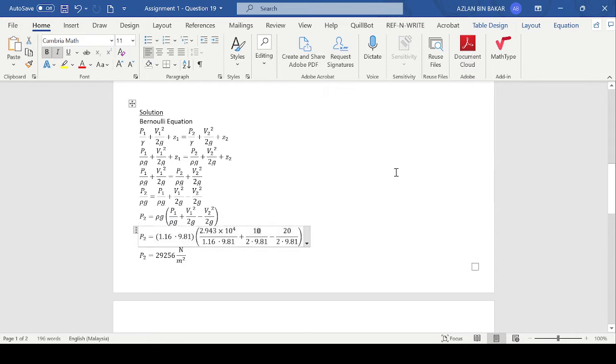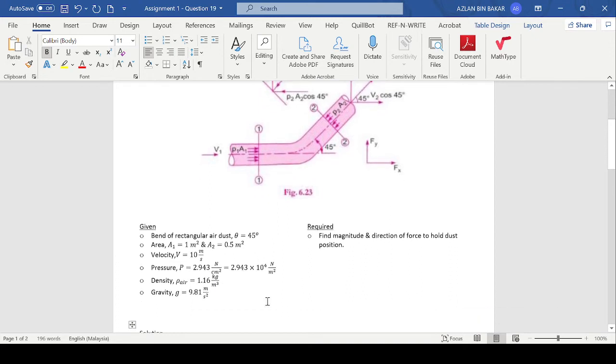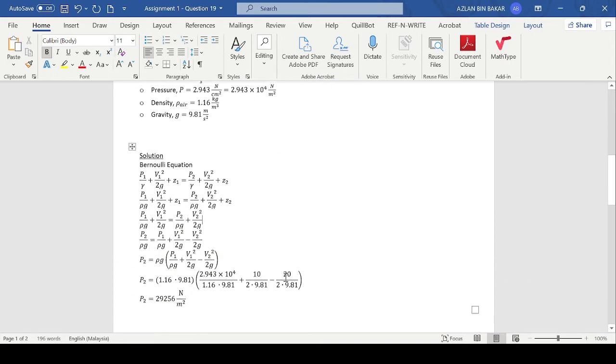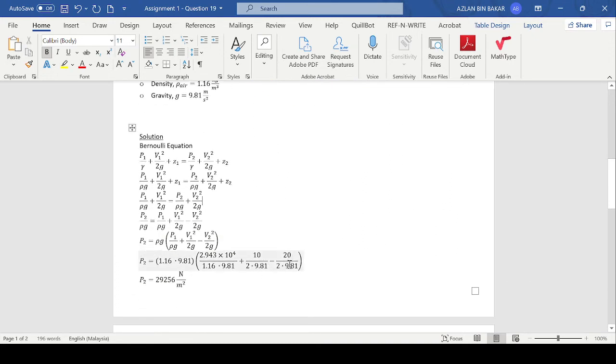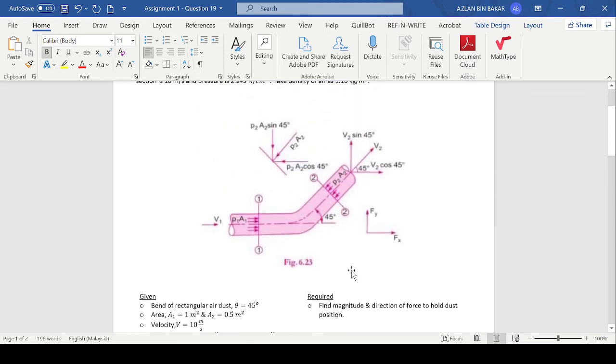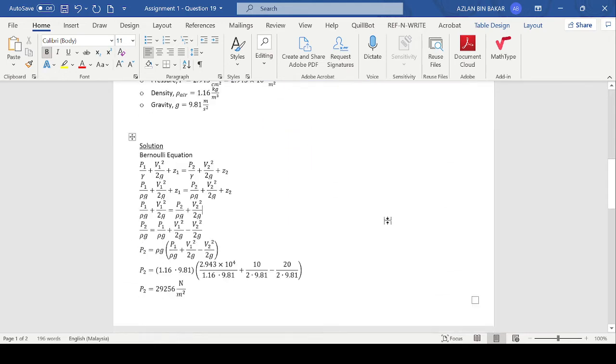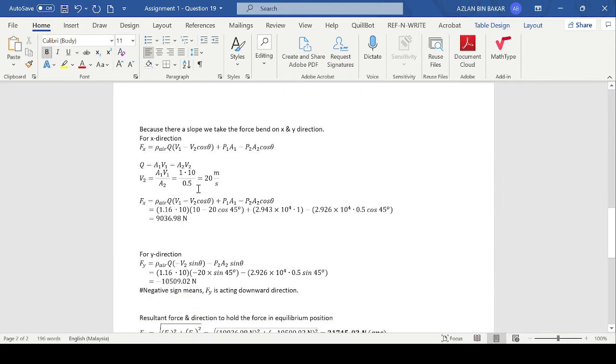The velocity at point 1 is 10 meter per second, and the velocity at point 2 we can calculate using the formula Q equal to AV.